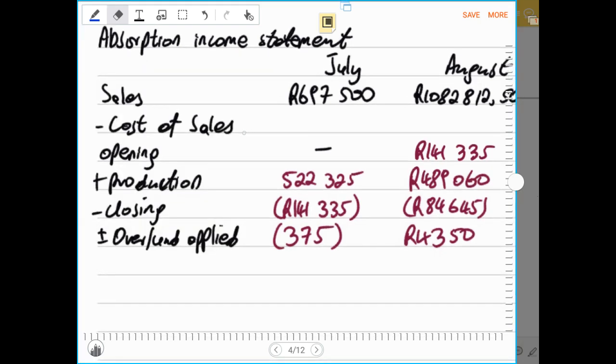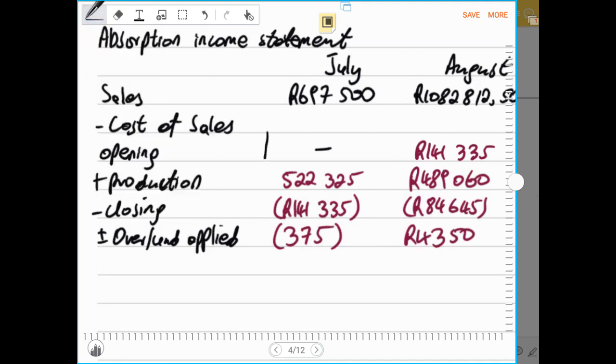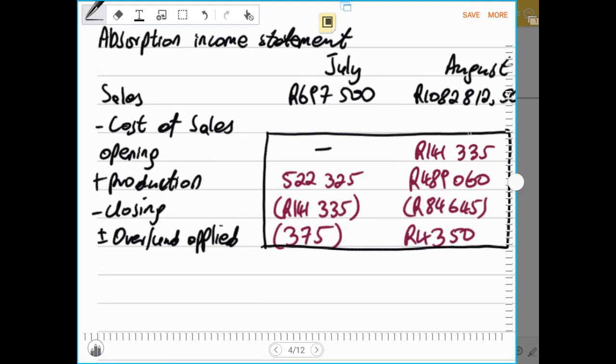So now with this being said, we can calculate our cost of sales and draw the line in between to show the amount that we have added all together. So now this will be the cost of goods that were sold.